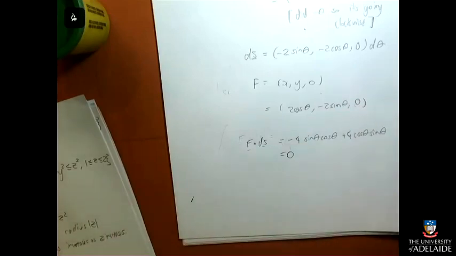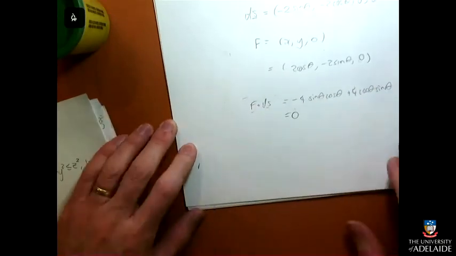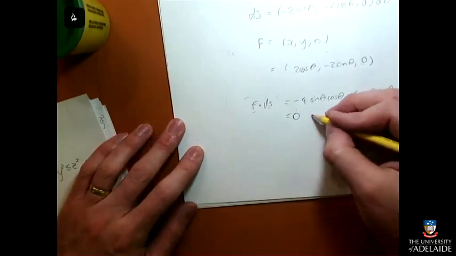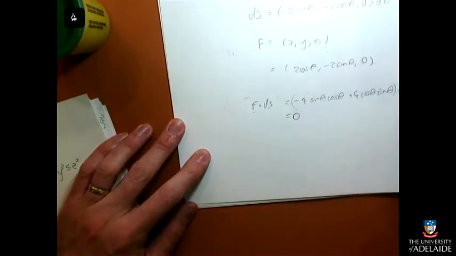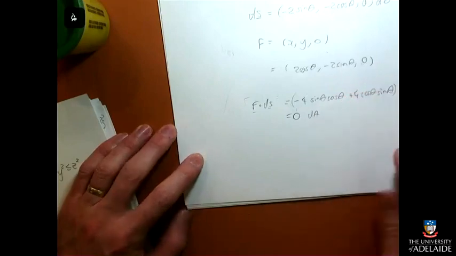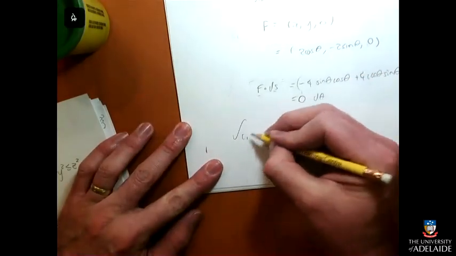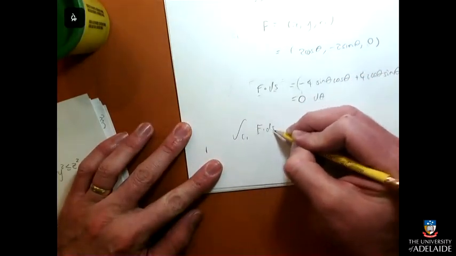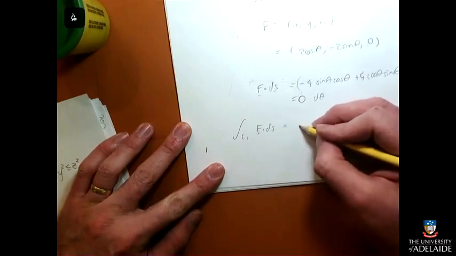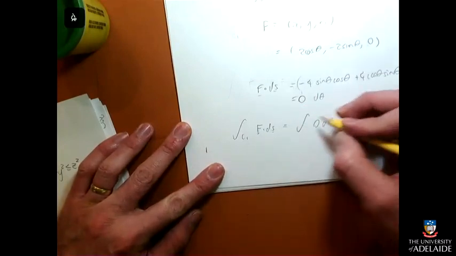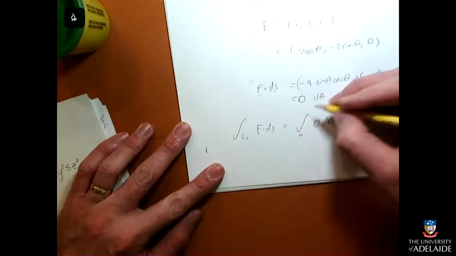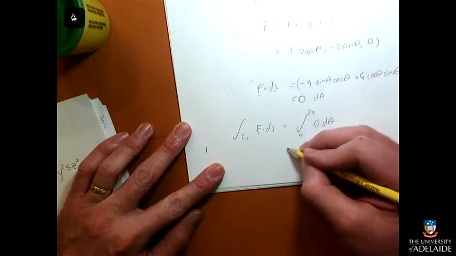Yay! Well, d theta, I suppose. So the integral of curve 1 of f dot ds is the integral of 0 d theta from theta equals 0 to 2 pi, which is 0.